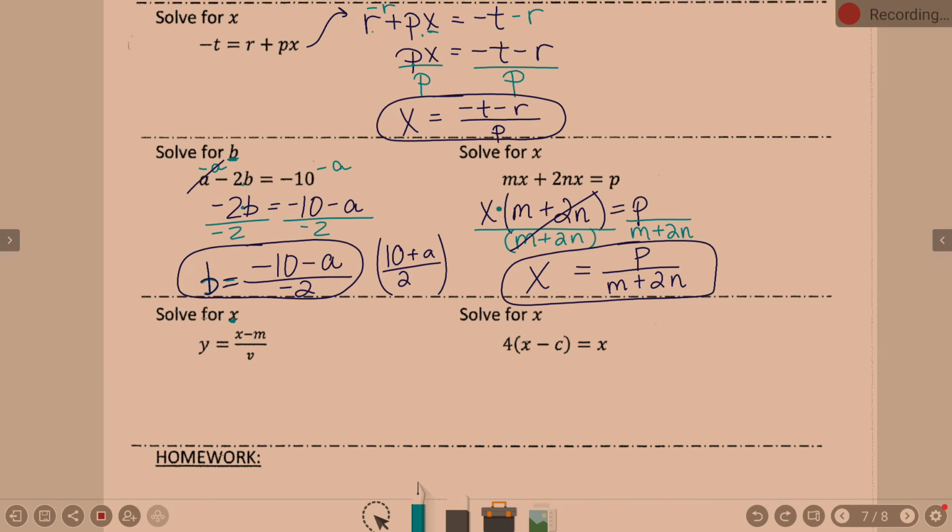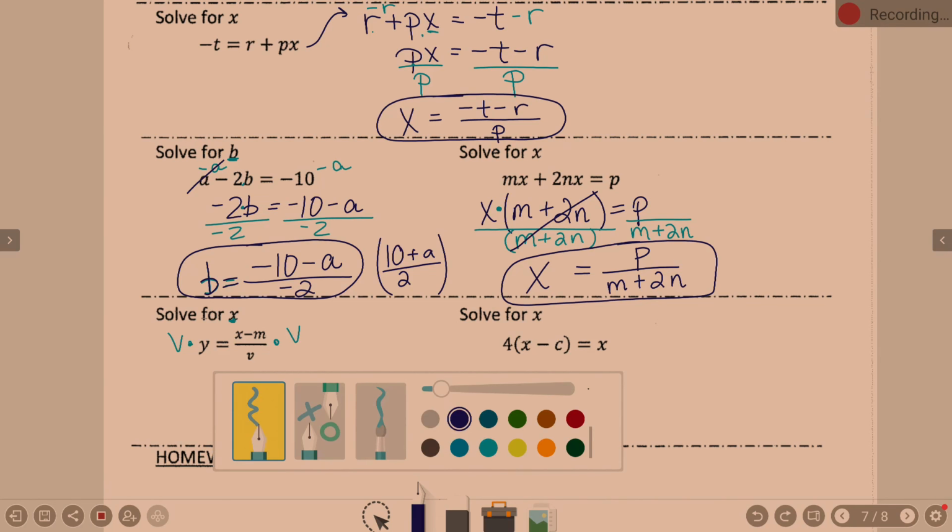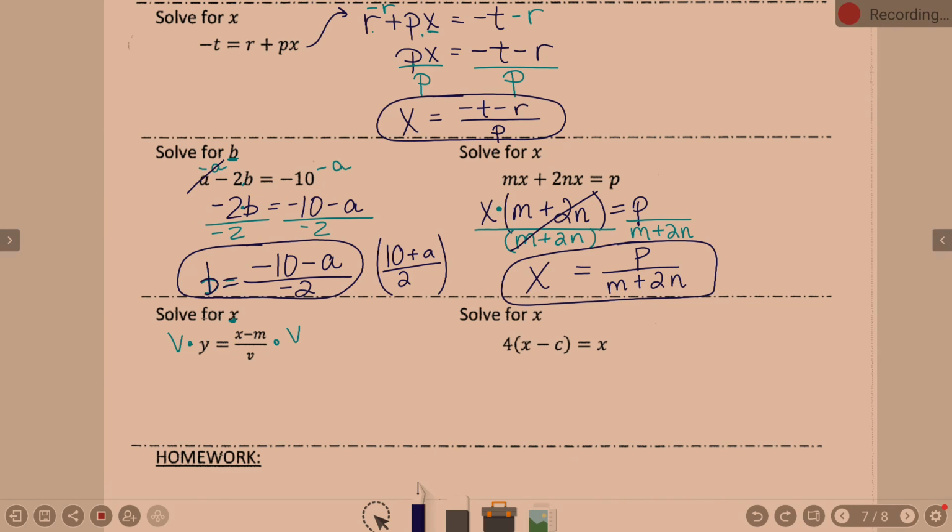What's the opposite of dividing by v? Multiplying by v. If I multiply one side by v, I multiply the other side by v. What do you think v times y is? V times y, or what I'm going to write as vy.